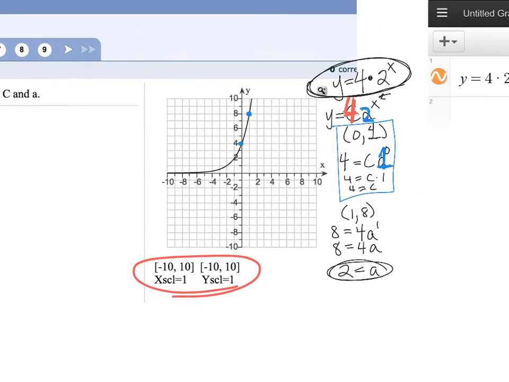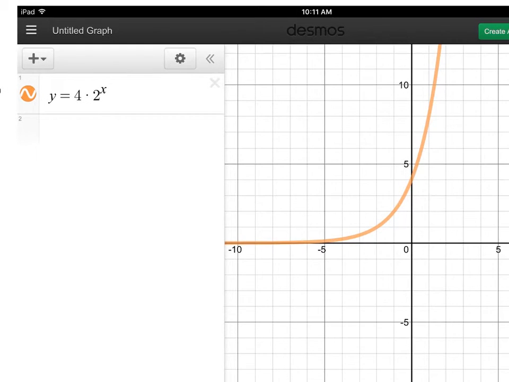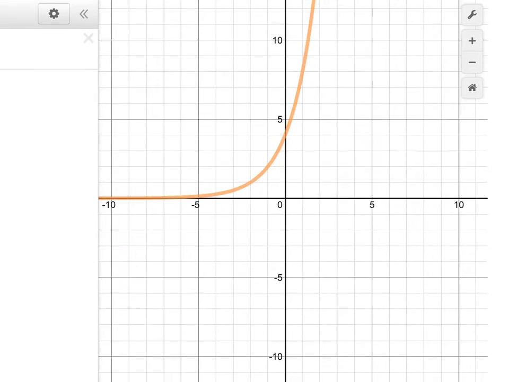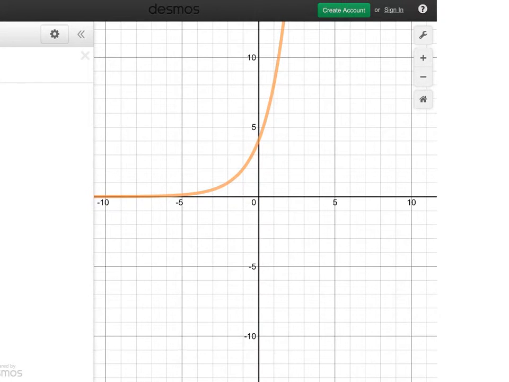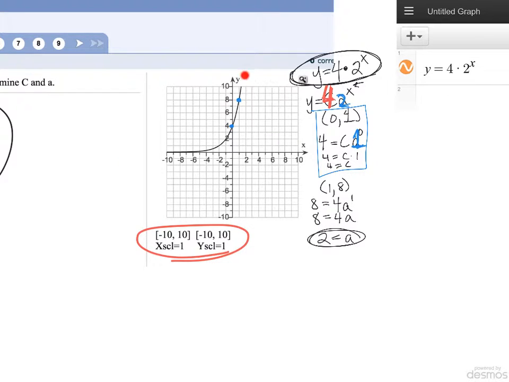Now to verify, I put it in Desmos, and look at my graph right here. And of course, I'm trying to match the graph on MyMathLab. So I went from -10 to 10, -10 to 10, and I get this really steep slope up, right? And that's exactly what I see right here, a really sharp, steep slope up.